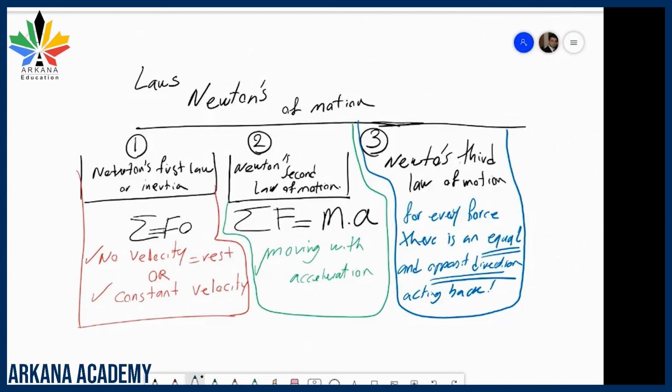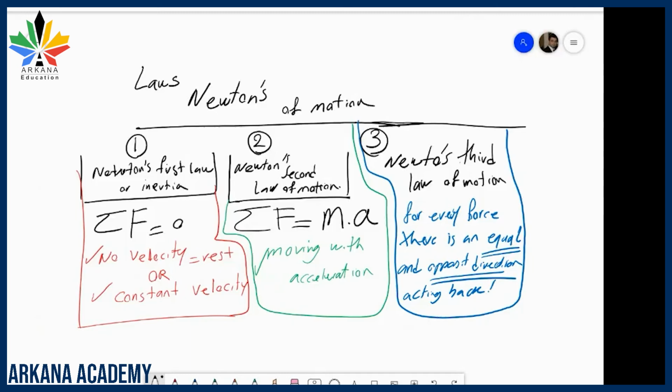If that person manages to move a certain distance with a constant velocity, that just means it falls under the category of Newton's first law of motion and law of inertia, which states that the combination of forces acting on that object must cancel each other out and they all become equal to zero. So that is what we concluded with the writing of sigma F equals 0.